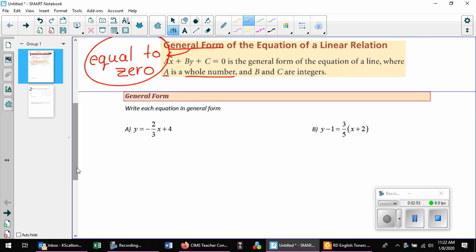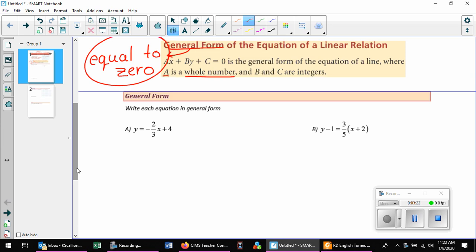All right. So I can't have a fraction in front of the x. So let's deal with that first. Okay, so I need to get rid of the fraction. I need to get rid of that denominator of 3. So how do I get rid of the denominator of 3?